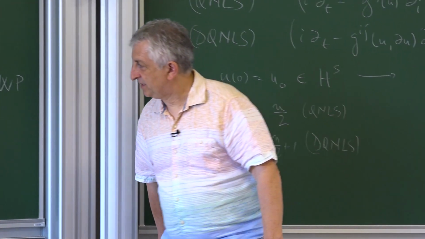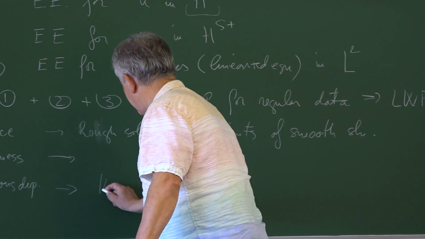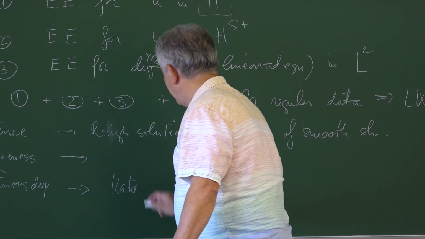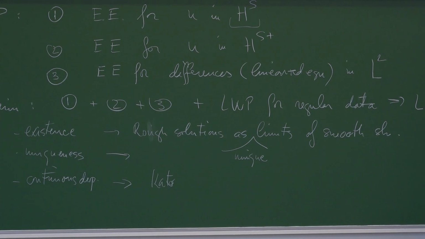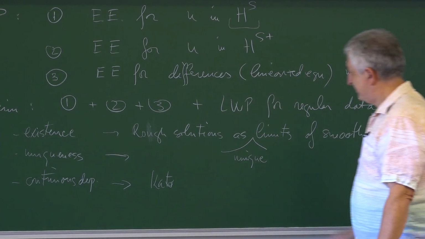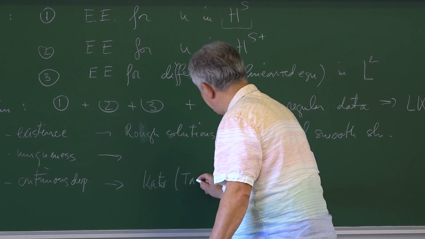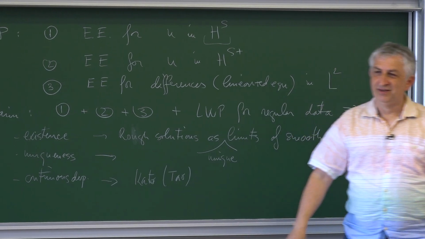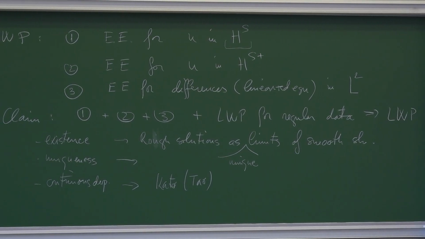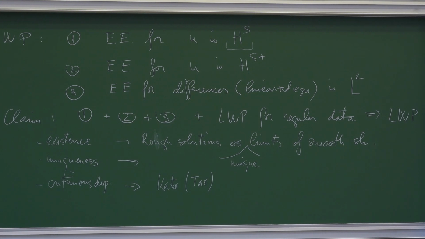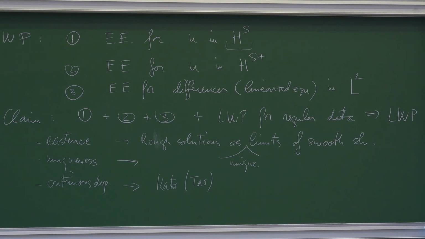But so let's say Kato, write him down. Then if you do a little bit of search and go to Tao's blog, you will find Tao's interpretation of Kato's proof, which is kind of the same argument, but written in our modern terminology.